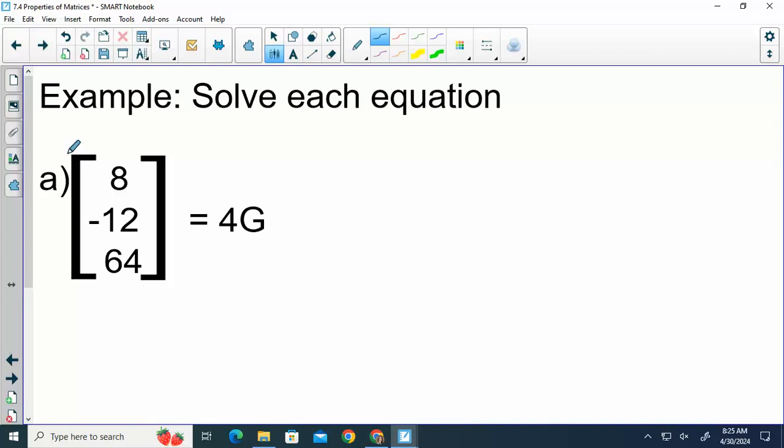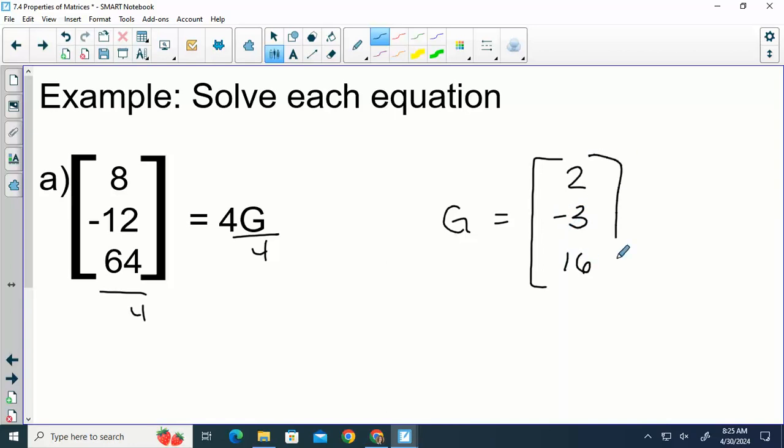So we would have to divide by 4. So if I am dividing my entire matrix by 4, it's every single number in there. So matrix G would be what? 2, 3, 16. What type of matrix is matrix G? A column matrix. Good.